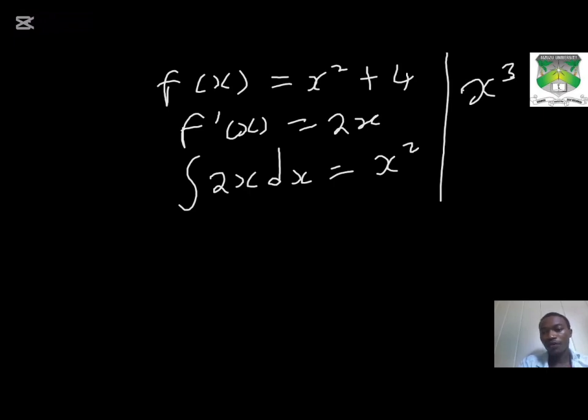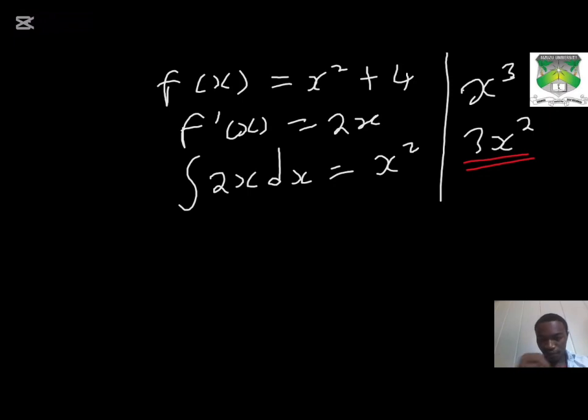Once we differentiate this one, it gives us 3x squared. Then 4 will give us 0, so we don't consider it. Which means this is the derivative of the function x cubed plus 4.